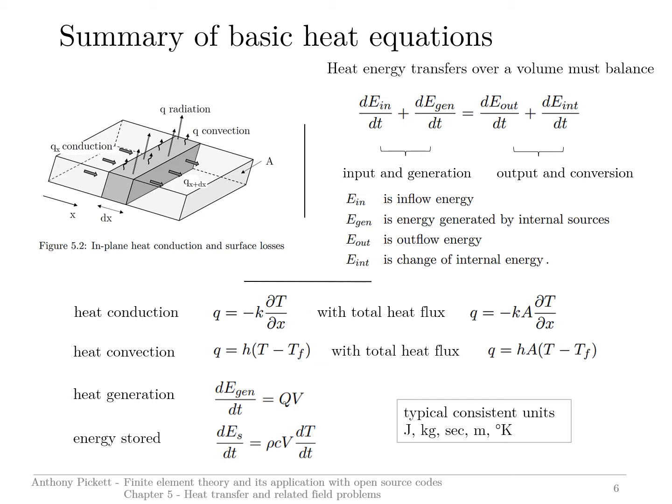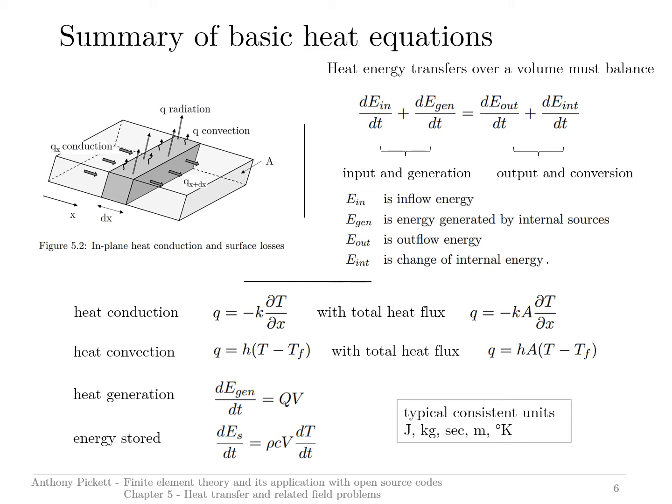There is flow on one side of this strip, Qx, flow on the other side with a gradient due to temperature gradient within the 1D strip. We can have heat losses due to convection, or also possibly due to radiation. In the derivations I shall be going through, I will not be considering radiation.